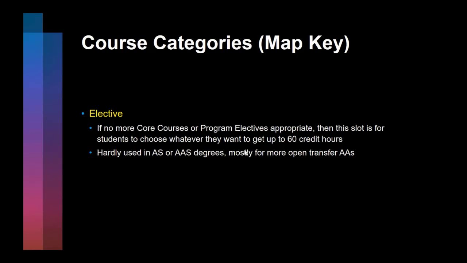So they get in all the core courses, they have some program elective slots, and then there's just a couple extra 3 or 4 credits here and there each semester where it doesn't matter what course they take, they just need to get up to that 60 to get the degree. So an elective is truly student choice. Take a class, you don't have to pick from a list, we're not telling you, just take an extra class.